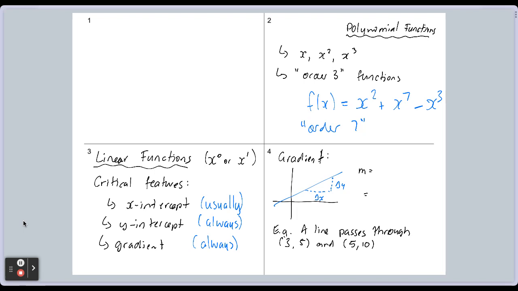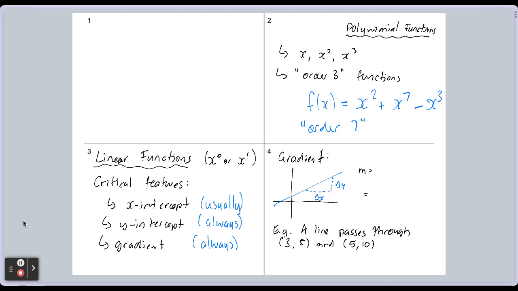Sorry about that. So we're on slide 4 now. The gradient. I think you should be familiar with the idea that we can express the gradient numerically by looking at the ratio or the fraction formed from rise compared to run. That's the rise and that's the run.